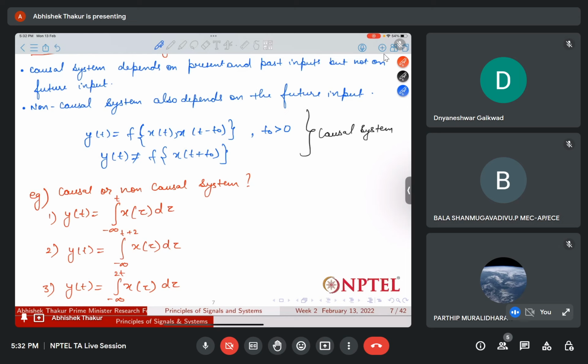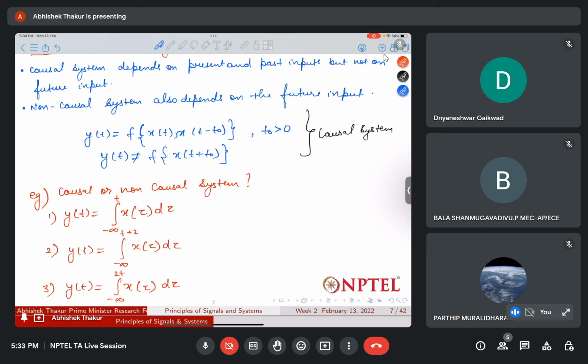So here you have to check whether the system depends on past and present input or on future input. If it depends only on past and present input, then it is a causal system. If it depends on future input, then the system is non-causal.